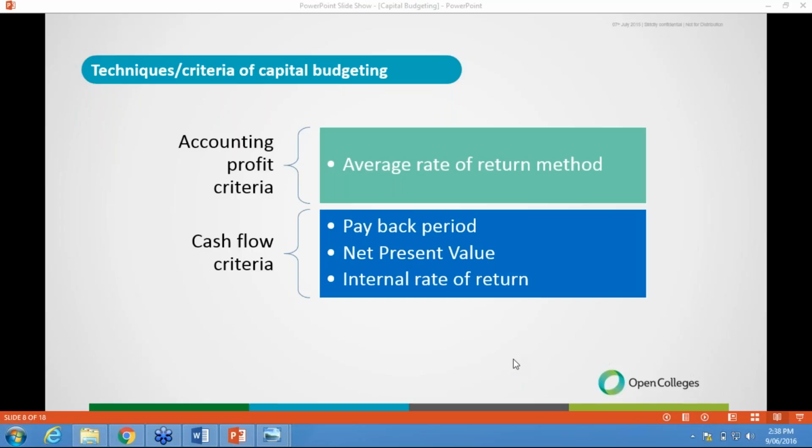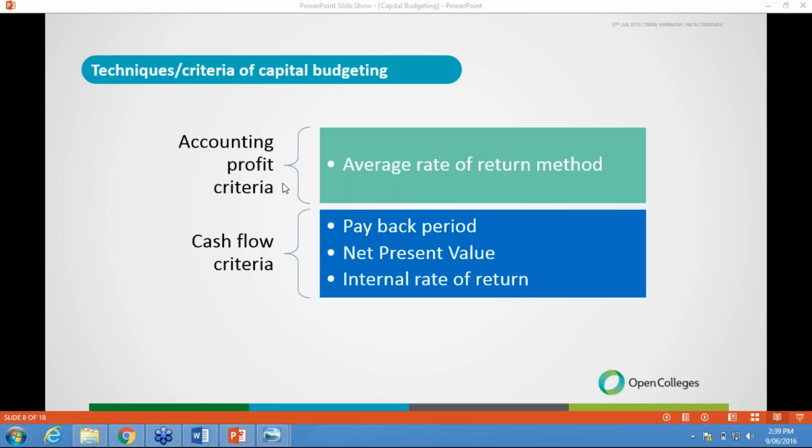Another topic is techniques or criteria of capital budgeting, or you can say methods of capital budgeting, that is, how to calculate. Normally we follow two criteria. It's very important to know the difference between profits and cash flow. So one is the accounting profit criteria and the other is the cash flow criteria.